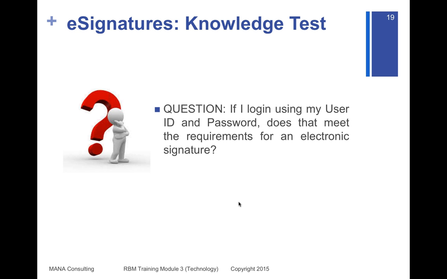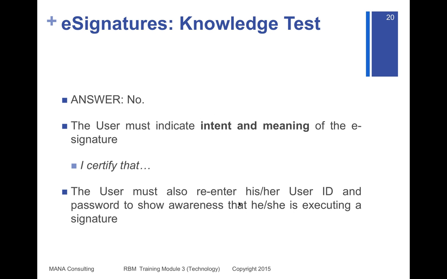Any documentation related to predicate rules that is maintained in electronic format is also subject to 21 CFR Part 11. And if there are no FDA requirements that a particular record be created or retained, then 21 CFR probably doesn't apply. But we're focusing only on the areas where we do want to focus on 21 CFR Part 11.